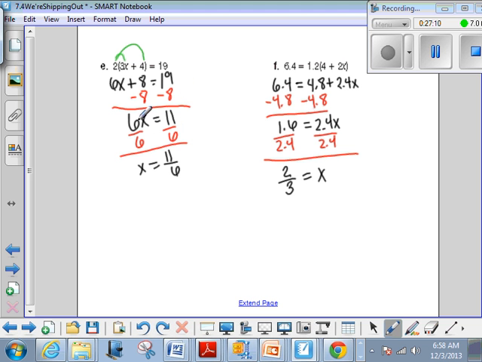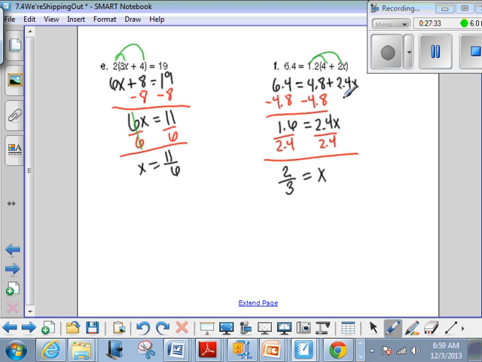For F, again, I did the same thing, used the distributive property. There weren't any like terms to combine, so I just went ahead and started simplifying the equation. Subtracted 4.8 from both sides, and then I divided both sides by 2.4. If I were to remove the decimals, it says 16 over 24.